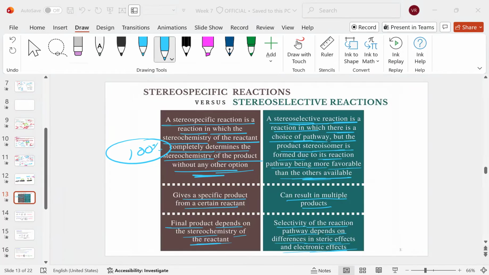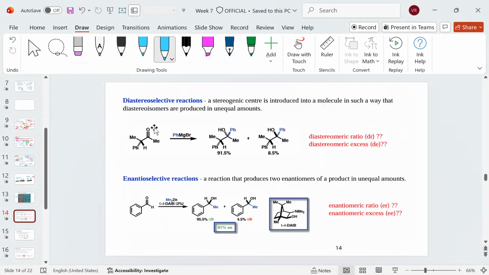Now we will see what is diastereoselectivity and the diastereoselective reaction and the enantioselective reaction. So these are the two examples. One is the diastereoselective reaction and another is the enantioselective reaction.